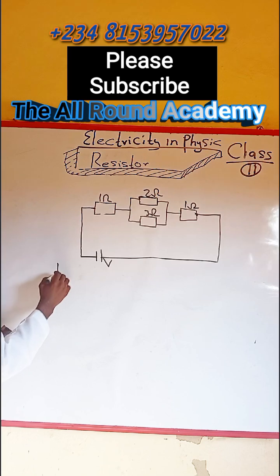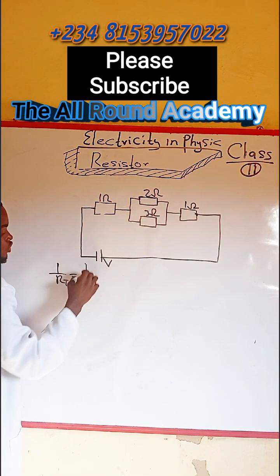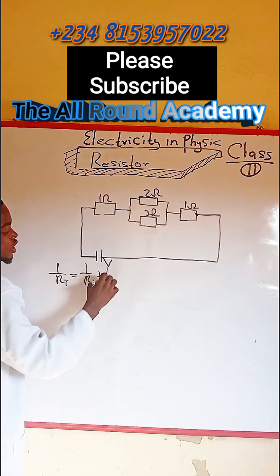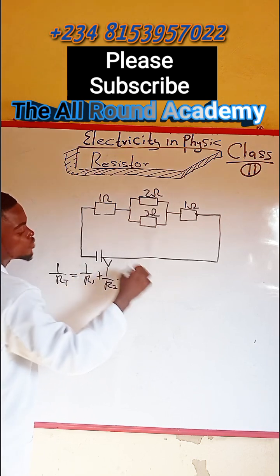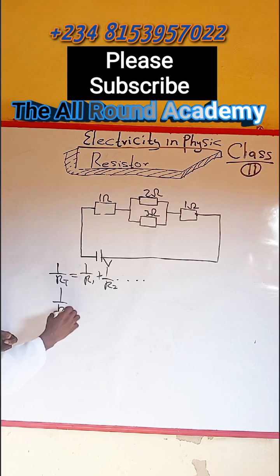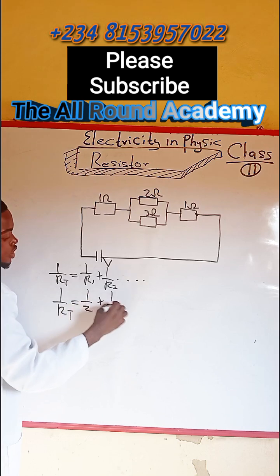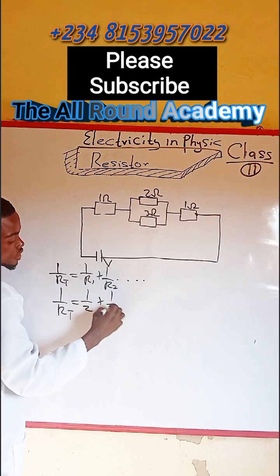So let's go. 1 over R total, that is the formula for resistors in parallel, equals 1 over R1 plus 1 over R2, for however many resistors you have. So 1 over R total equals 1 over R1; I could take it to be 3 or 2, let me take it to be 2, plus 1 over R2, which is 3.